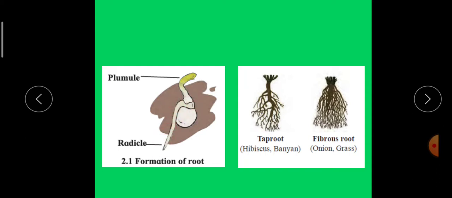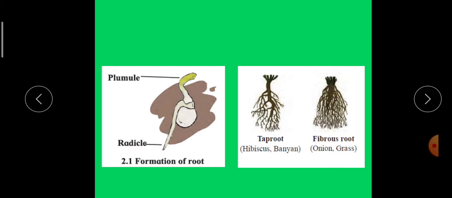It forms the root system of the future plant, and roots grow under the soil. The plumule is the part that grows above the soil as the seed germinates. It forms the future shoot system and it grows above the soil.